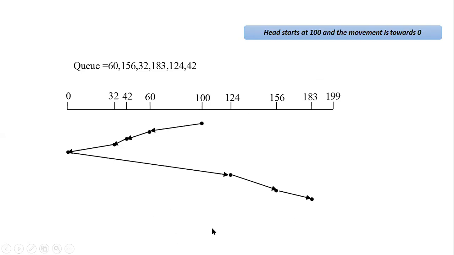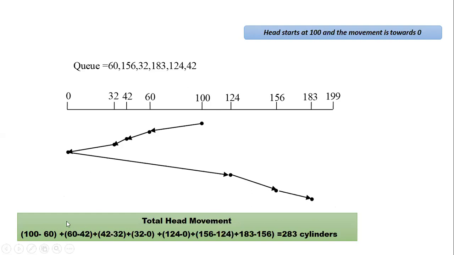Now let us check the head movement here. It starts at 100 and moves towards 60. So 100 minus 60, from 60 to 42, 60 minus 42, from 42 to 32, 42 minus 32, from 32 to 0. Though there is no request, it reaches 0. So 32 minus 0.